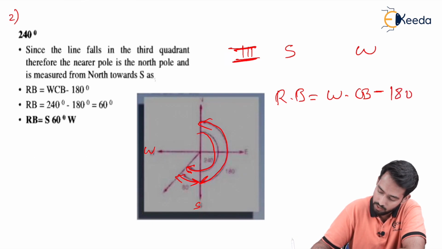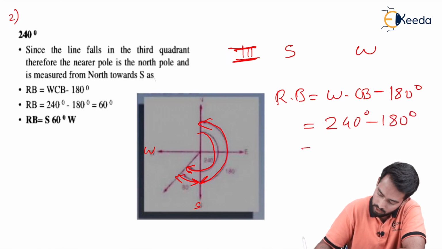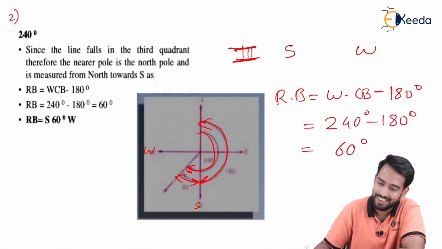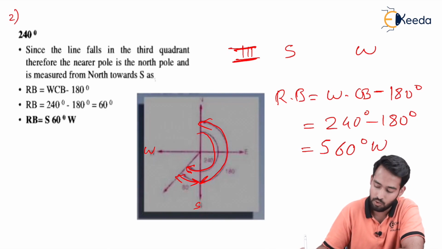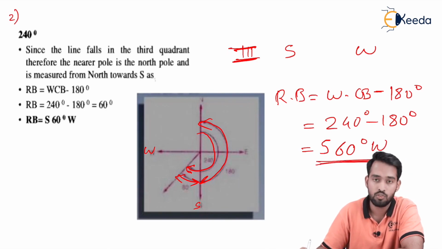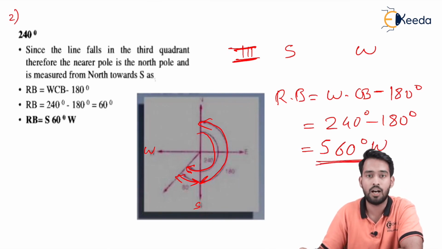So we have to subtract 180 degree. This will give us 240 degree minus 180 degree, which is 60 degree. The angle is 60 degree and the quadrant is third quadrant, which is southwest quadrant. So the answer will be south 60 degree west.